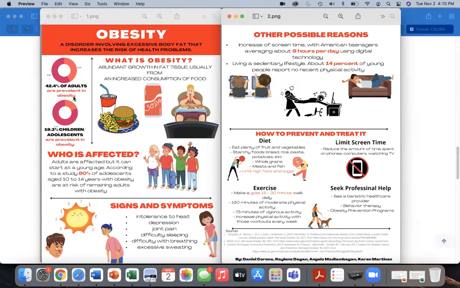So what I want you to think about when you're creating this is, what would a teenager want to see? Do they care that 42.4% of adults have obesity? Maybe, but not as much as the second graphic, where 19.3% of children and adolescents are at risk. So that is more of a terminology that I would rather you use.